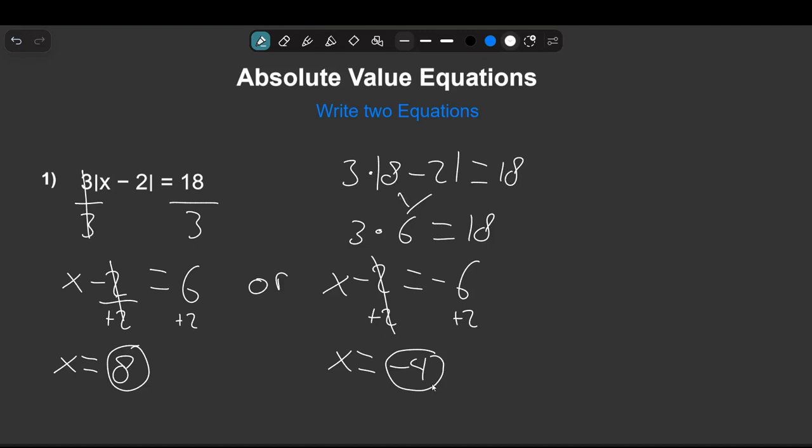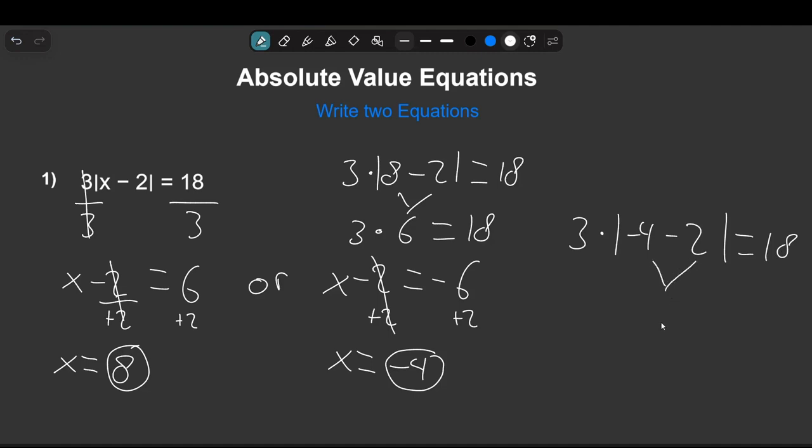But we also have another answer which we need to check. So we're going to plug that one in also. So we have 3 times the absolute value of minus 4 minus 2 equals 18. Now, let's solve this together again.